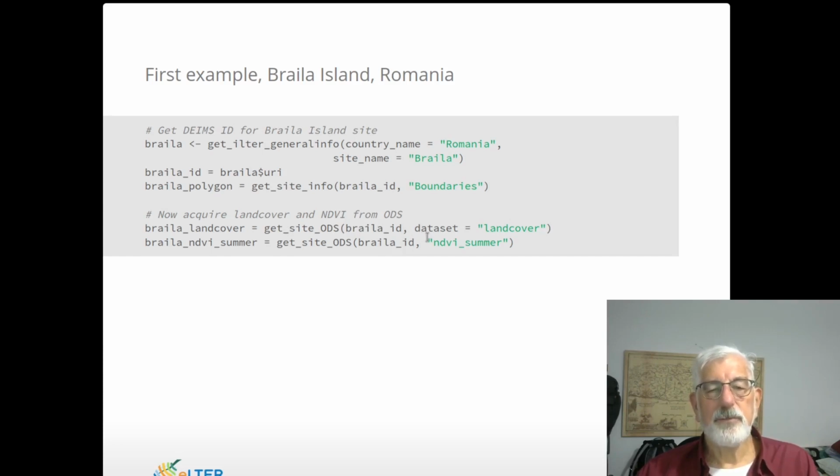We will query for both land cover and NDVI summer. On the ODS archive, the NDVI are stored as 4 seasonal aggregates. So there's an NDVI for summer, for winter, for spring, and for fall. These are aggregates over the 20 years of data available for NDVI.